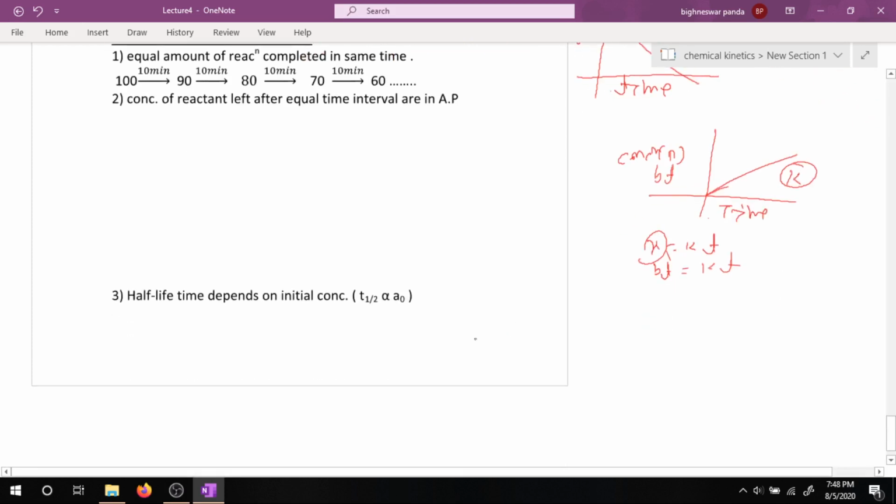Then what is the graph between T half and A? Here T half is equal to A naught by 2k, which is the equation of a straight line, y is equal to mx.